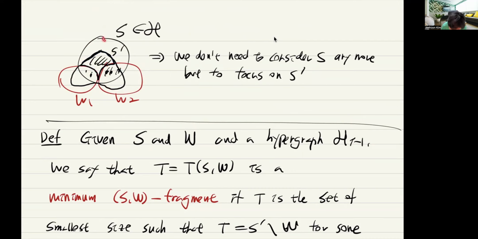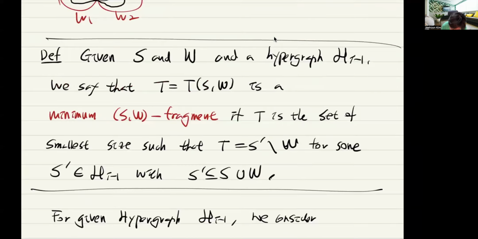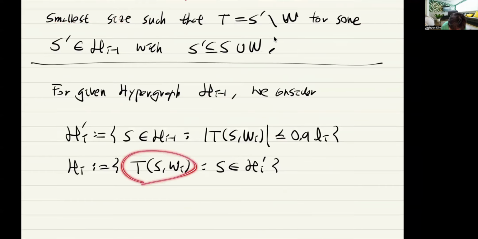You don't even have to consider the superset of your edge here anymore. So you just collect it and put it in your next hypergraph. Then you choose W3, hoping that W3 covers it. As long as W3 covers one edge there, then together with W1 and W2 it covers everything in one edge. So we only have to consider this T in your next iteration.